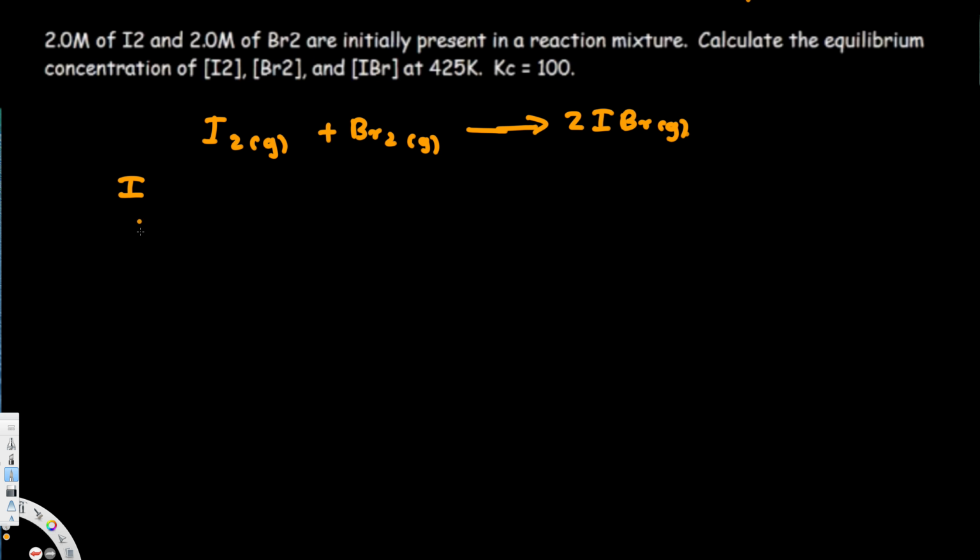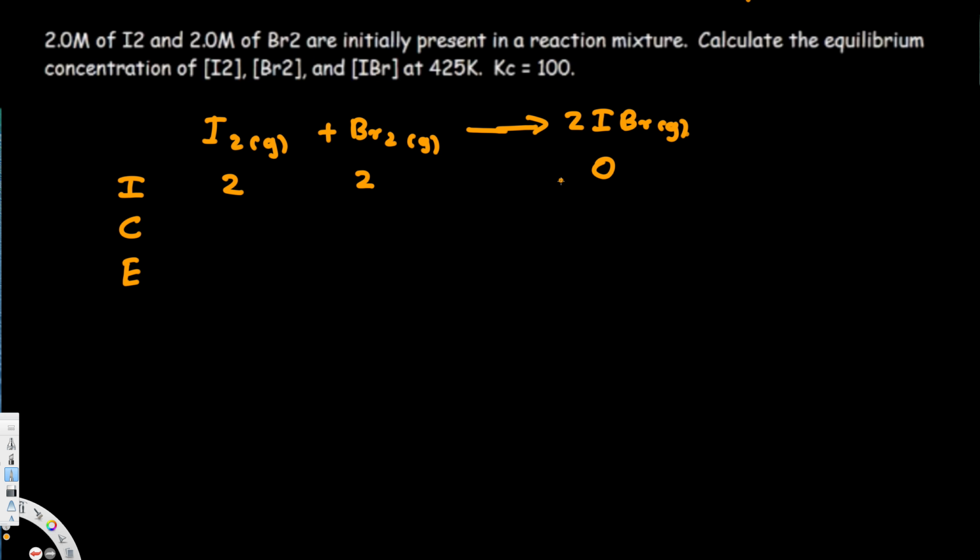I is initial, C is change, and E is equilibrium. Now the initial concentration is given for I2 and Br2. So this is 2 and this is also 2. This one is going to be 0, this is not given, right? Since this product side is 0, the reaction is going to shift toward the right side.